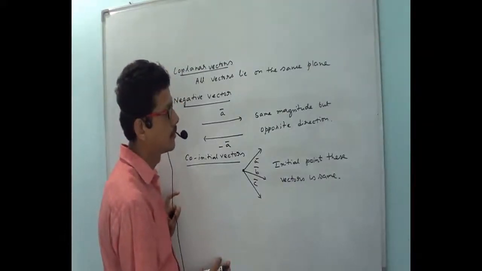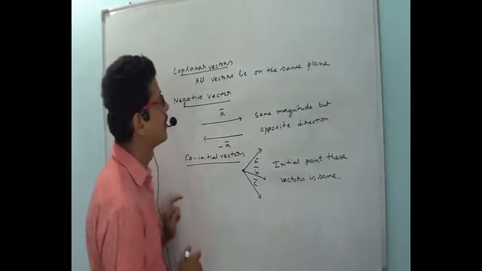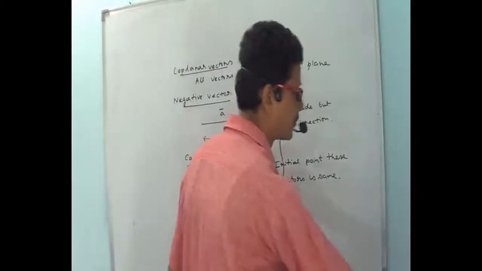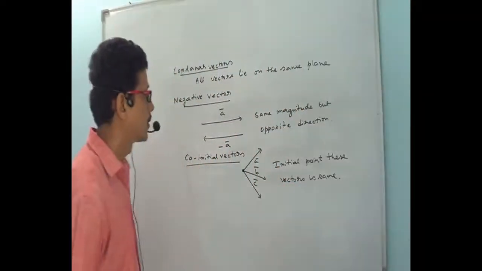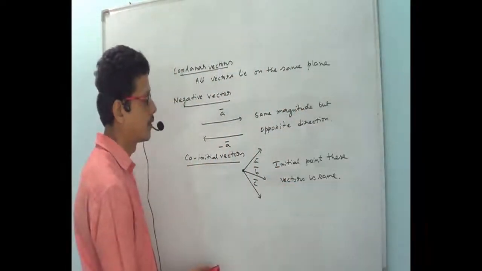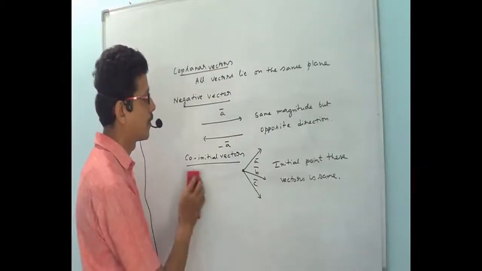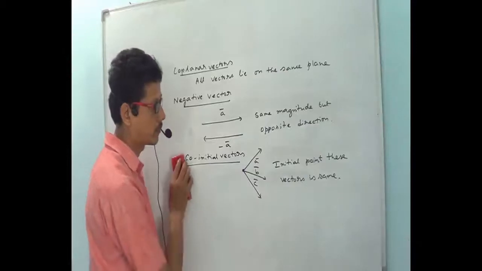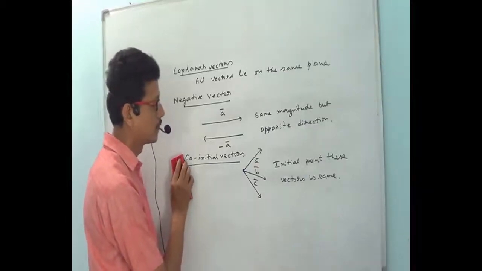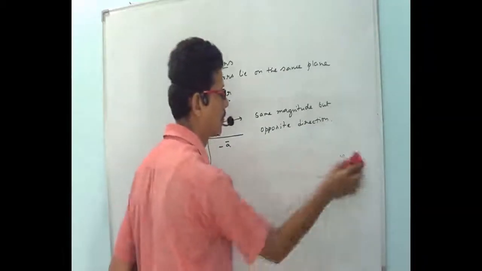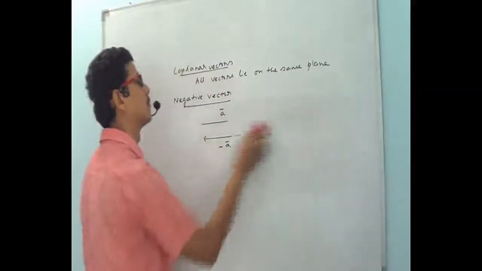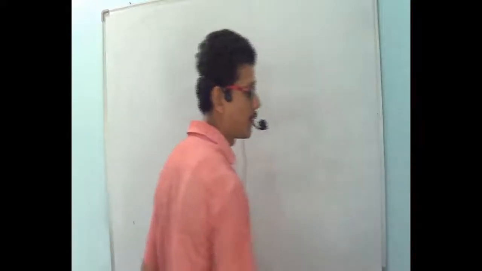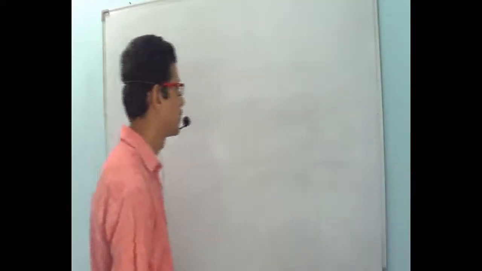Shall I erase this? It's easy only. Next, I'll just erase this. Next we have multiplication of a vector by a scalar.